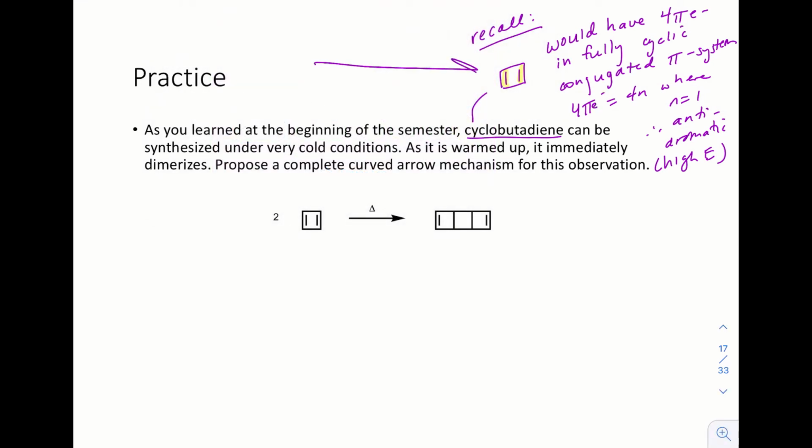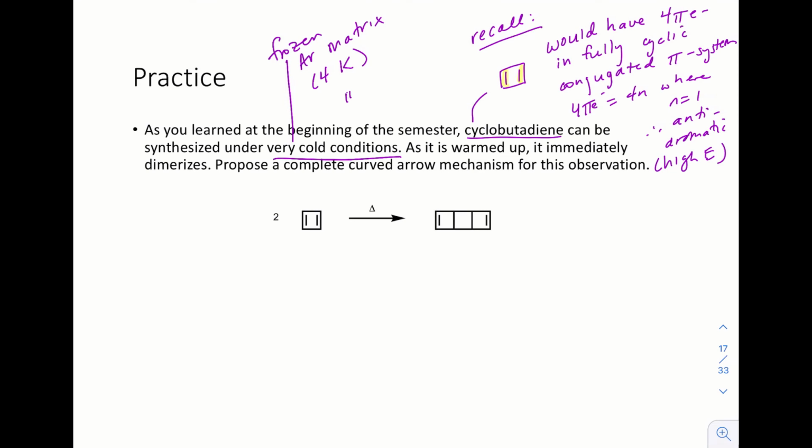In fact, it is so high energy that it took chemists many years to actually make it. And finally, they were able to synthesize it under very, very cold conditions in a frozen argon matrix, if you remember. I don't recall the exact temperature of frozen argon, but let's say 4 Kelvin, so very, very cold.